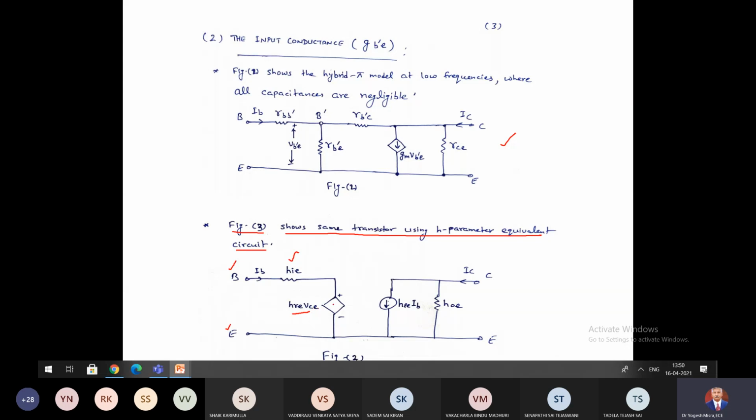So this is a voltage source, and here there is a dependent current source, HFE multiplied by IB, where HFE is the forward current gain, and HOE. So this is the H parameter equivalent model of a transistor operating at low frequency. This is my figure number 3.